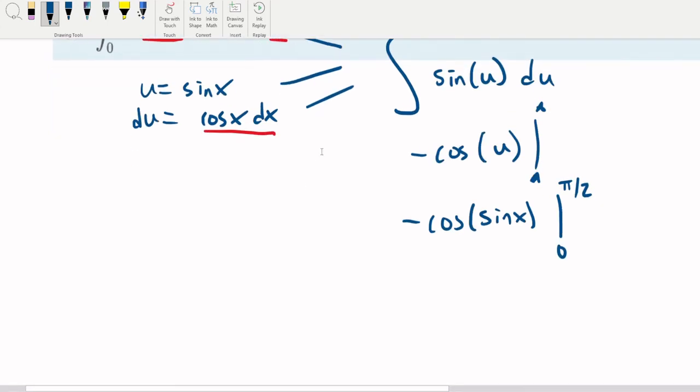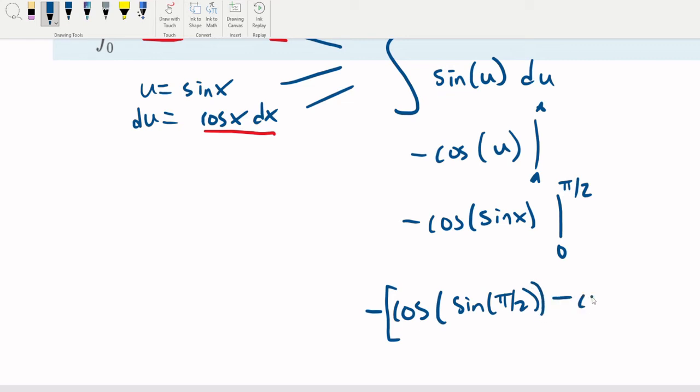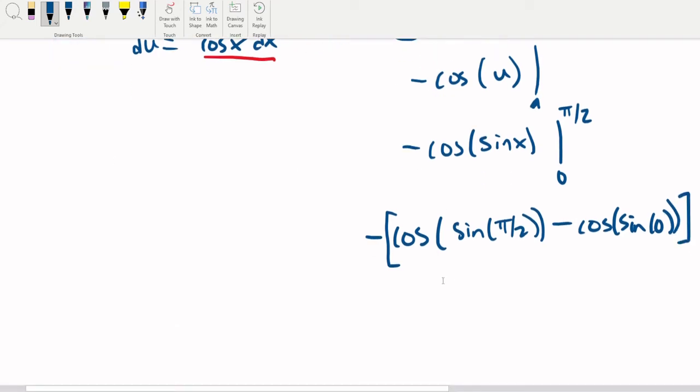So let's go down a little bit more. Negative cosine of, and then we're going to plug pi over 2 in here. Cosine of sine of pi over 2 minus cosine of sine of 0. Okay? So then sine of pi over 2 is 1, and sine of 0 is 0.